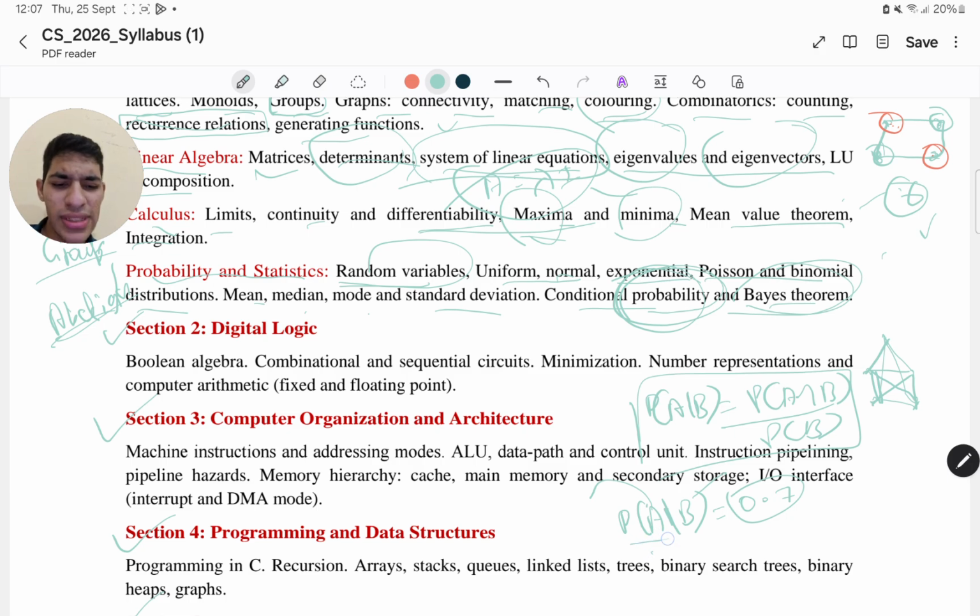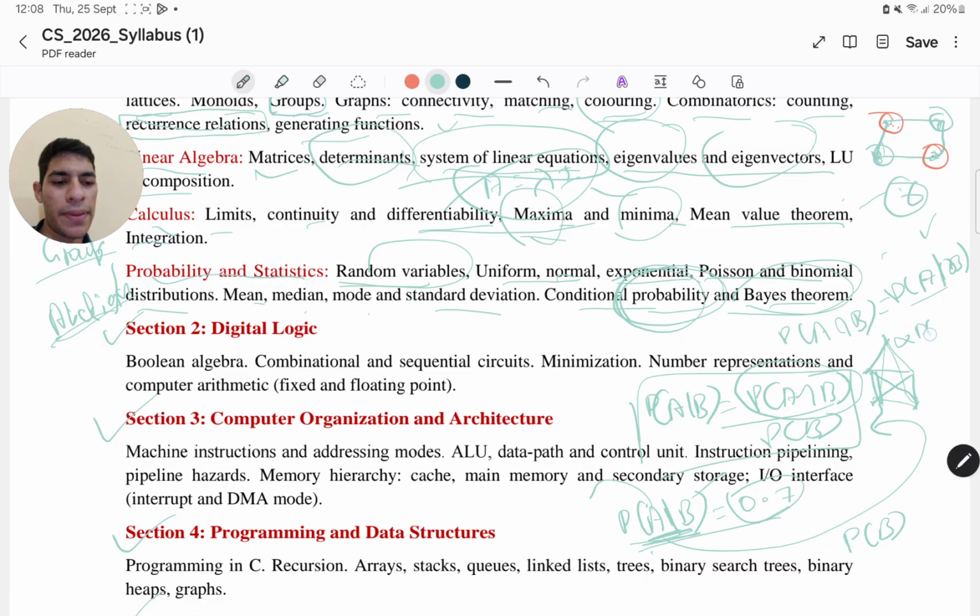The formula rearranges to P of A intersection B equals P(A|B) times P of B, and you might also be given P of B. So you find P of A intersection B by using this formula: P(A|B), which was 0.7, multiplied by P of B. In this fashion you get P of A intersection B.